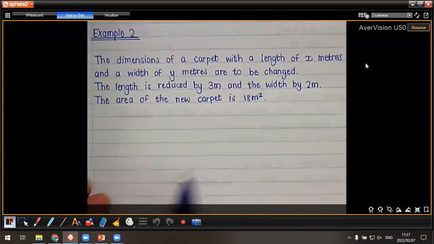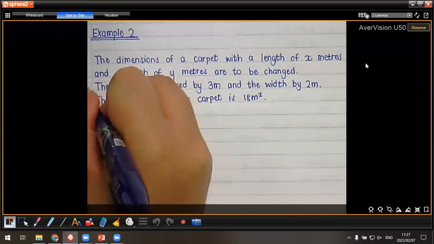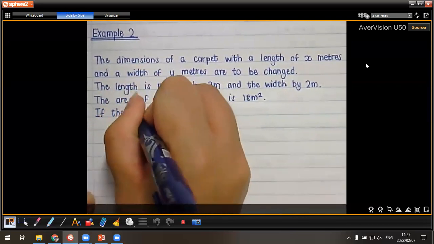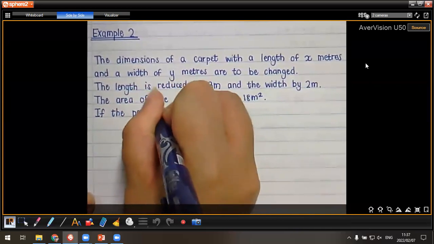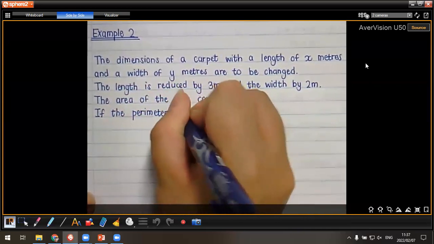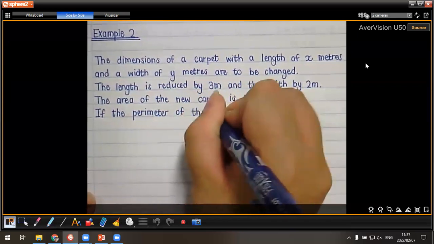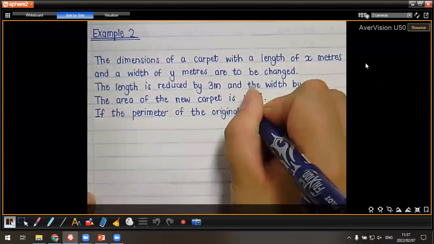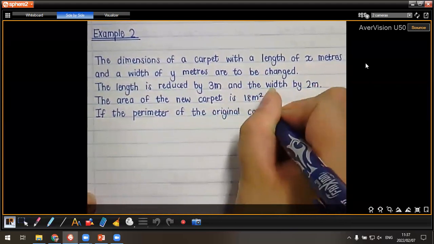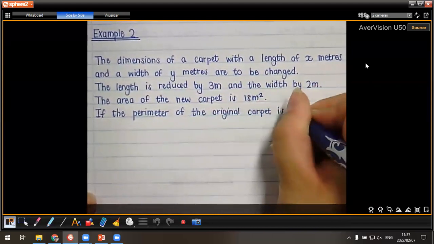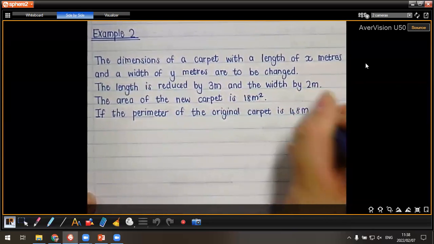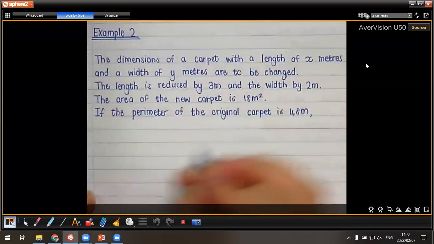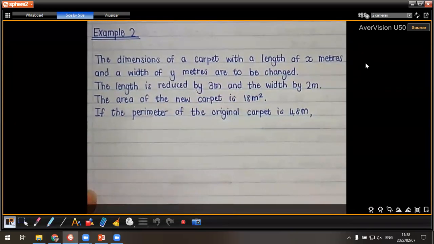Okay, and then they're also saying if the perimeter of the original carpet is 48 meters, and then they're saying determine the dimensions of the original carpet.